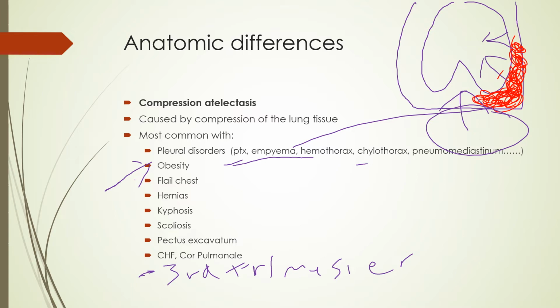So when we're looking at anything that can cause that compression, flail chest, which is one of the restrictive disorders that we'll talk about later on, flail chest means you have, here's a sternum, then you have ribs here.